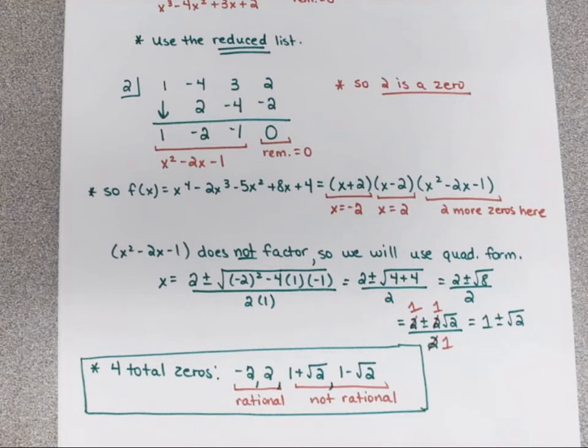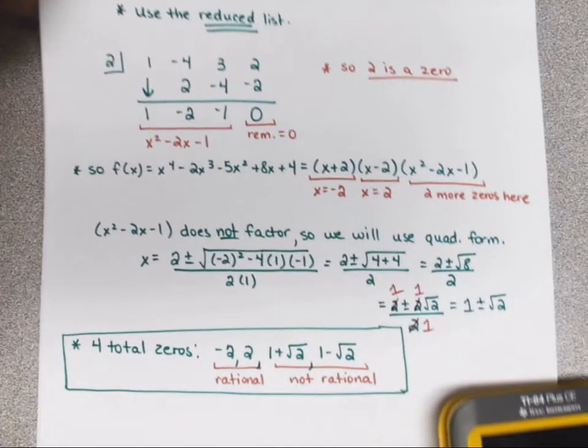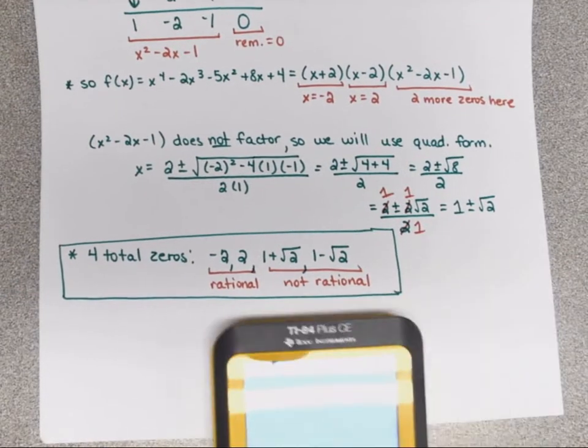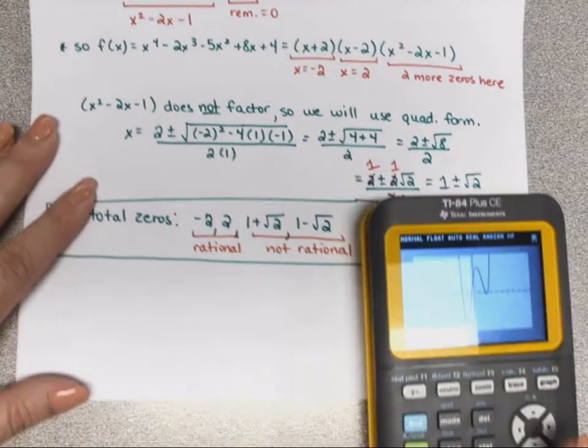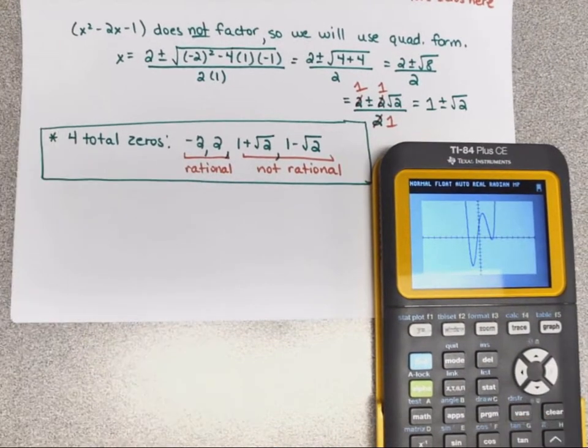Okay? So by the way, these are still graphable. They're just decimals. Remember how I said that 2 of them looked like they were crossing in between? So let's look back at that graph. Okay, so let's look back and kind of confirm, right? It looks like -2's here, right? This one is the 1 minus square root of 2. Like if you were to punch that in your calculator, you would get negative point something.